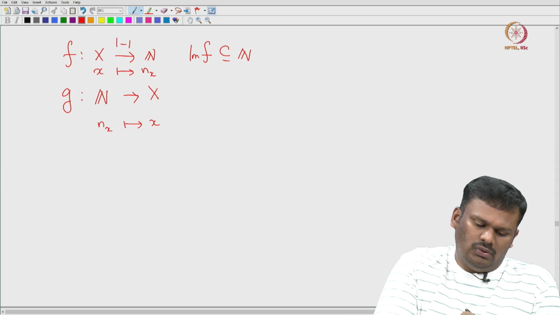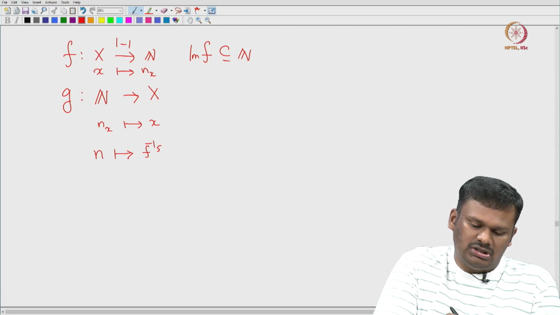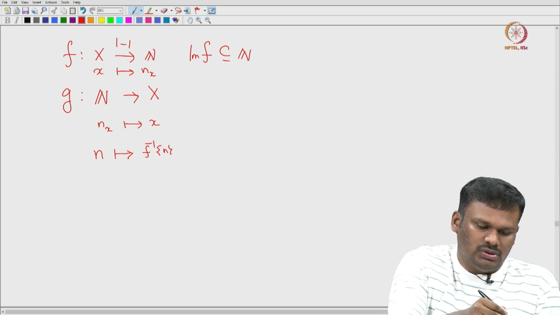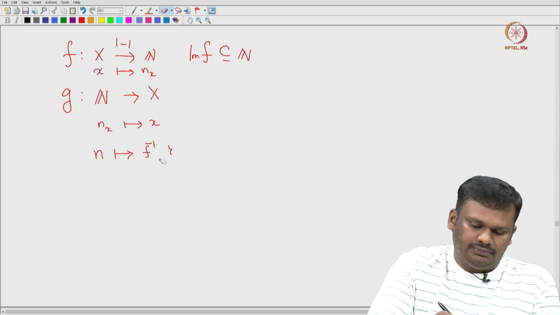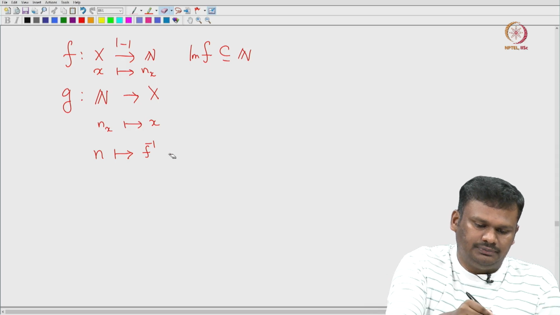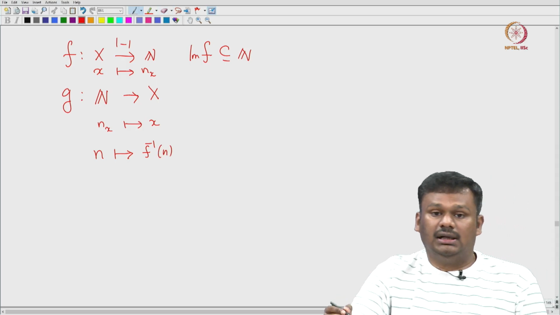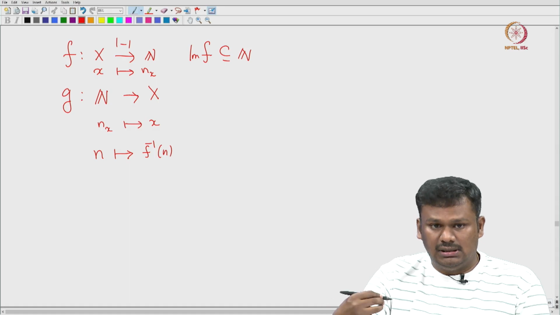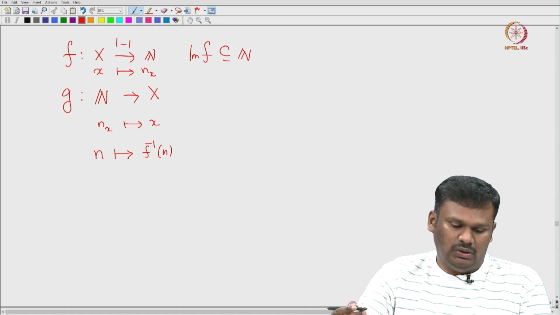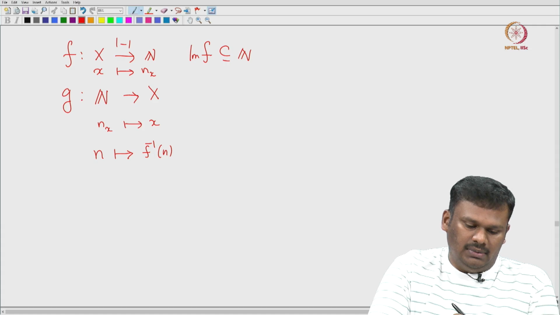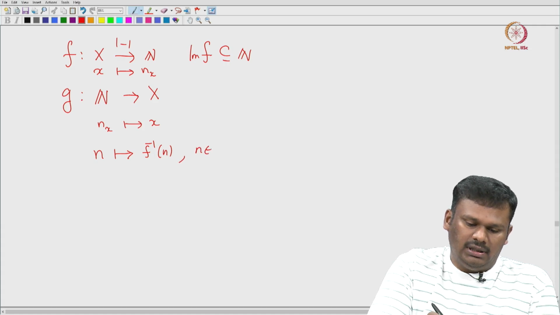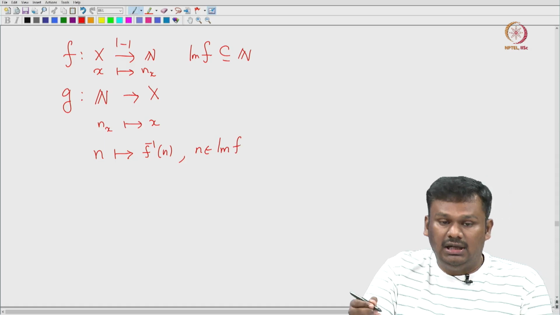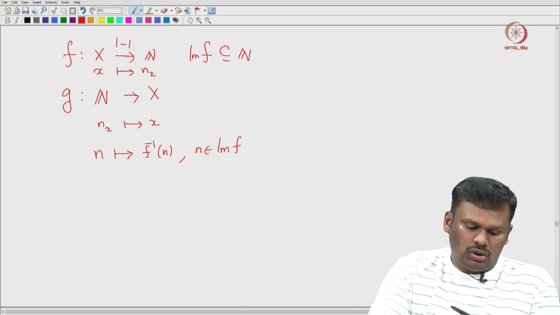So, basically we are taking n and sending it to its pre-image under f, that is, f inverse of n is an element of X. This is for all n coming from the image, because there are some elements which are not in the image. What to do with them?